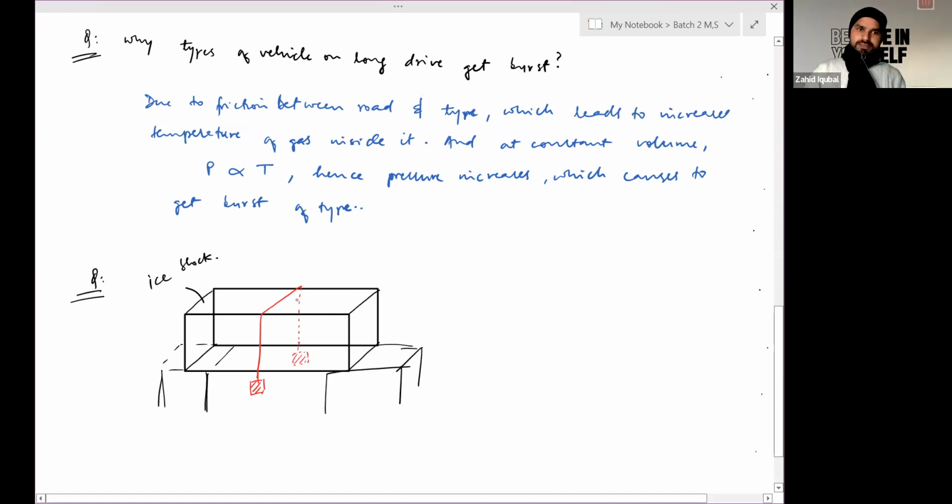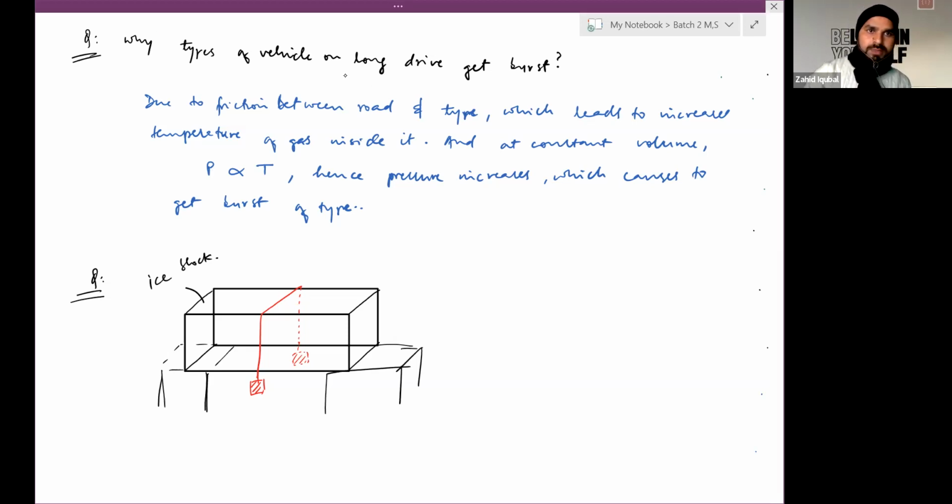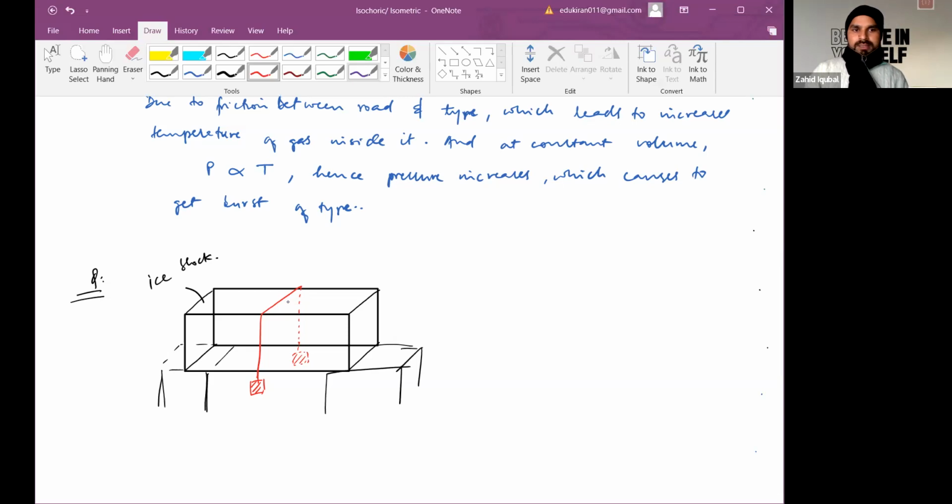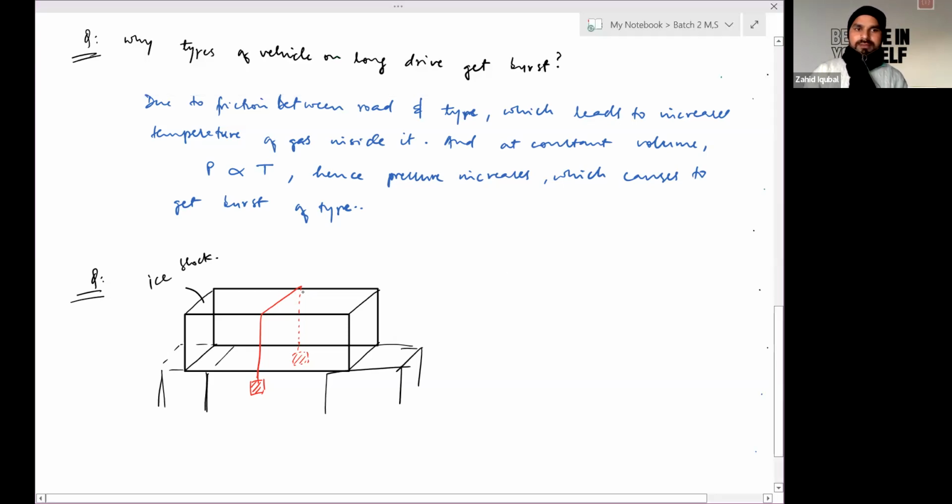So what will happen to this whole system? You will observe there will be movement of this string downward. So what process will be in this part? You'll say there will be no change in volume just beside this string, so volume will be constant.